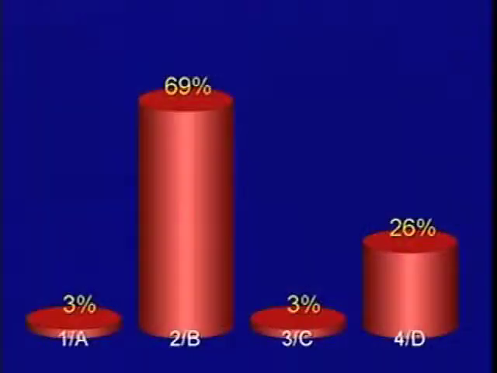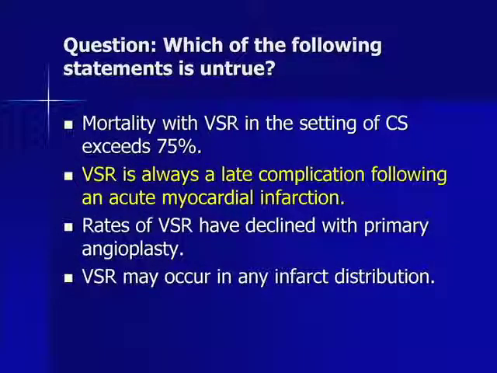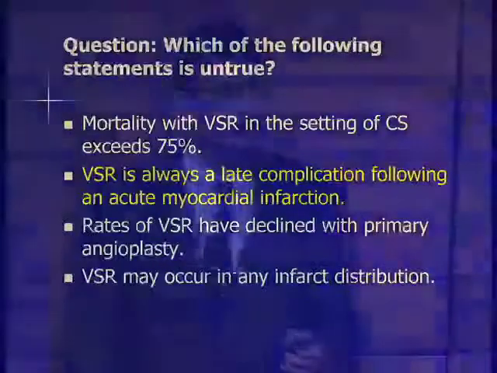Good. So ventricular septal rupture can be a late as well as early complication after an acute myocardial infarction. Okay? The reason why this is important is in most textbooks, ventricular septal rupture usually occurs on day 4 or day 5 after an acute myocardial infarction. In the real world, ventricular septal rupture can occur as early as day 1 following an acute myocardial infarction.